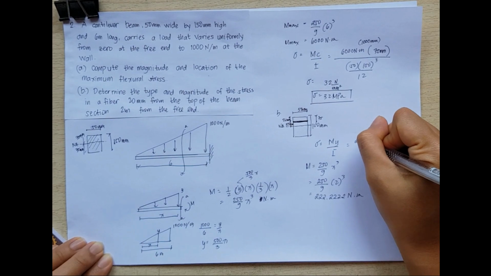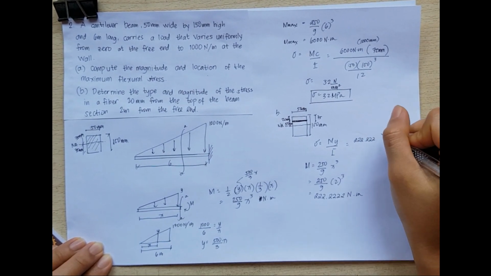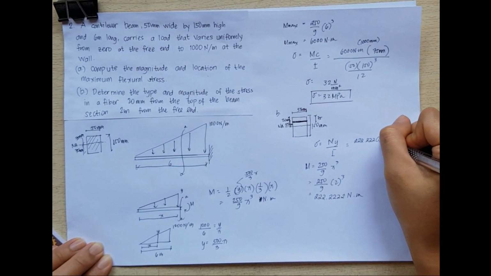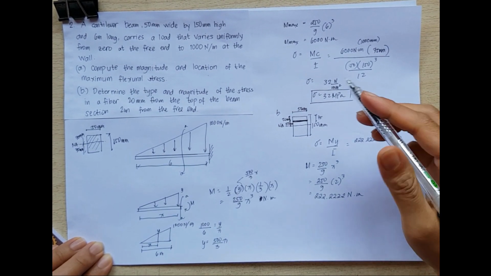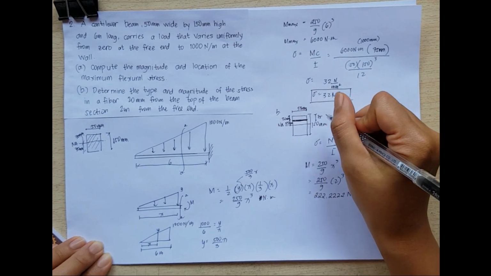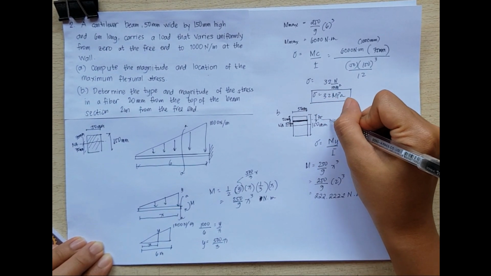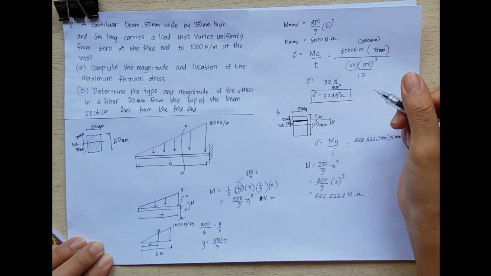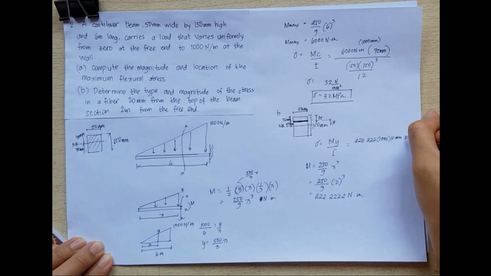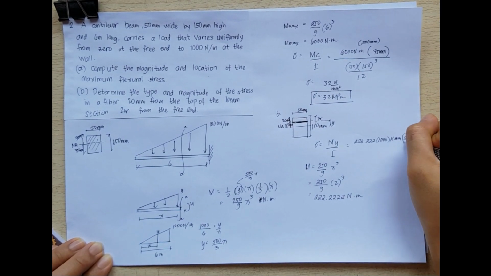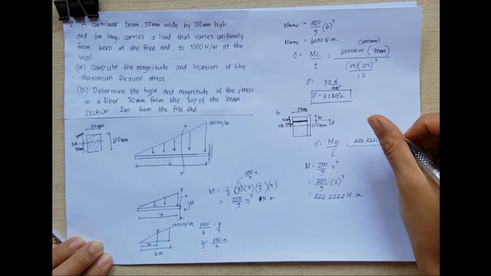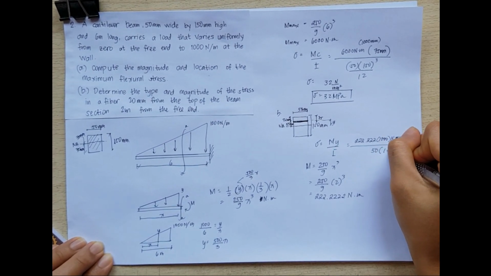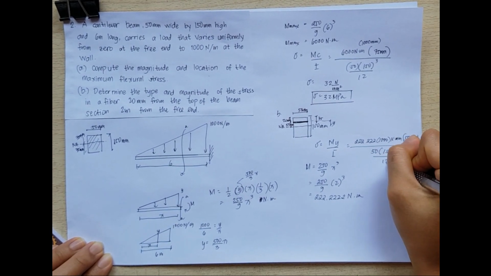So we have 222.222. We multiply by 1,000 to convert to Newton millimeter. And then the distance from the neutral axis to the point we are looking for, this is y. So it is equal to 55 millimeters, all over the moment of inertia, bh cubed over 12. So 50 multiplied by 150 raised to 3 all over 12.